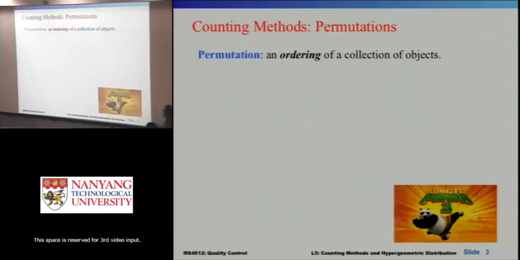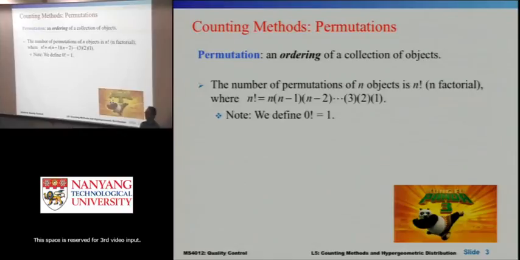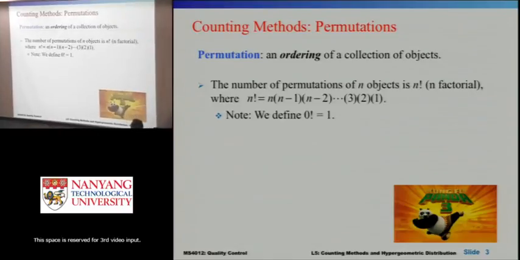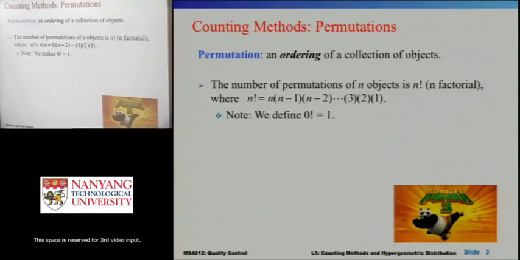In the following slides, we will focus on 2 concepts. One is permutation, the other is combination. For permutation, basically, the order does matter. And for combination, the order does not matter. We need to introduce the simplest permutation first. This is the number of permutations of n objects, and it is given by n factorial.